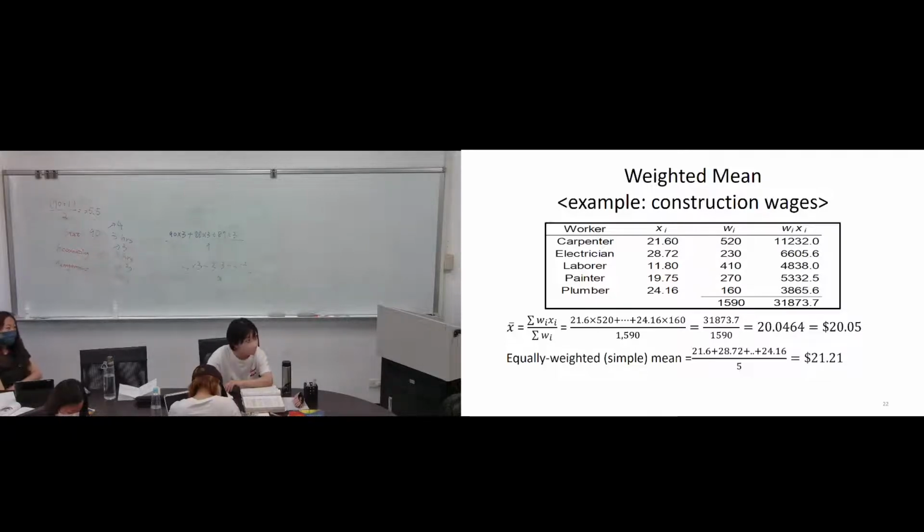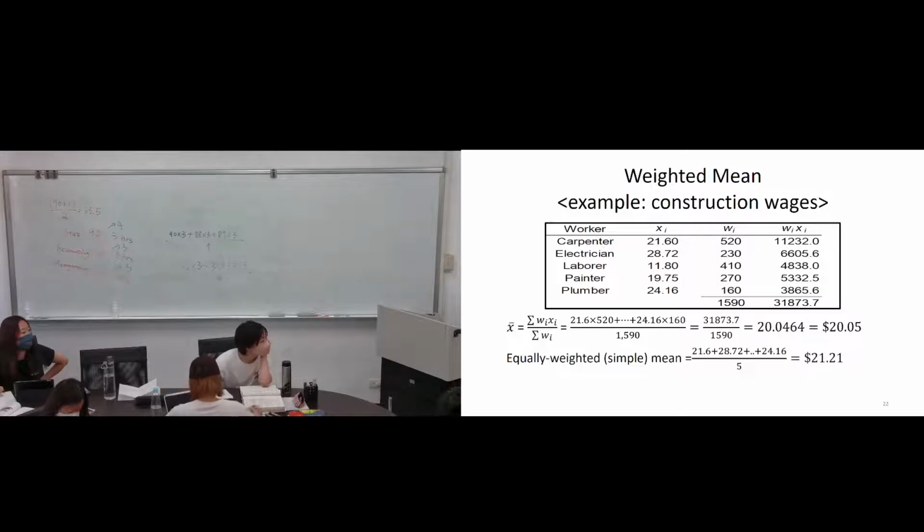But if we do not calculate like that, we treat each worker's hourly wage equally. Then the equally weighted mean is we just find the mean of the 5 workers' hourly wage. So we just add these 5 values up and divide by 5. That's $21.21. So you can see the difference between these two.